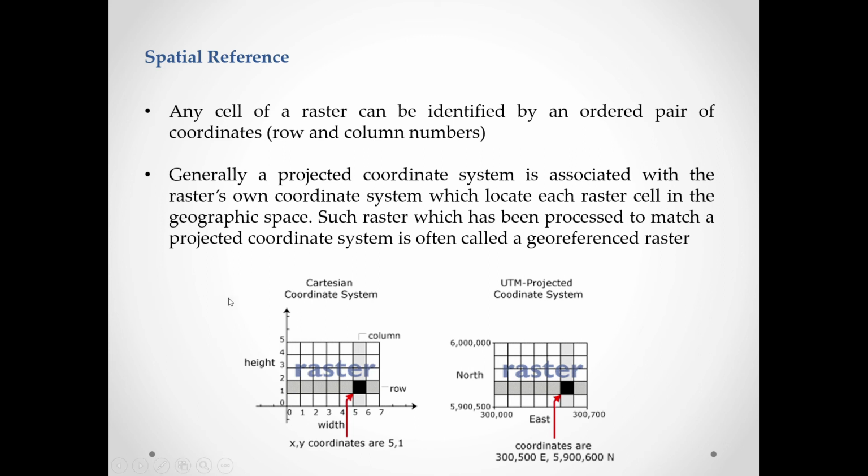This is a Cartesian coordinate system, and this is a UTM projected coordinate system. You know what a UTM is: Universal Transverse Mercator Coordinate System. By converting the Cartesian coordinate system and projecting it in the UTM, we will have the exact location of that image in the world.